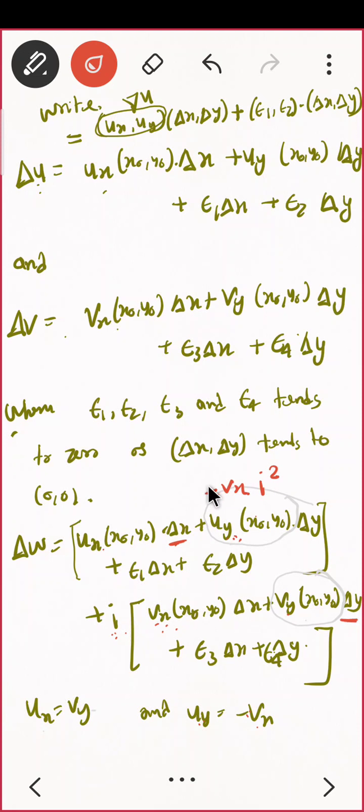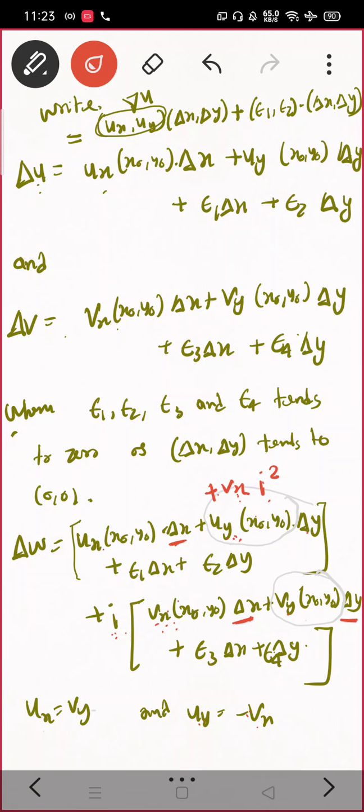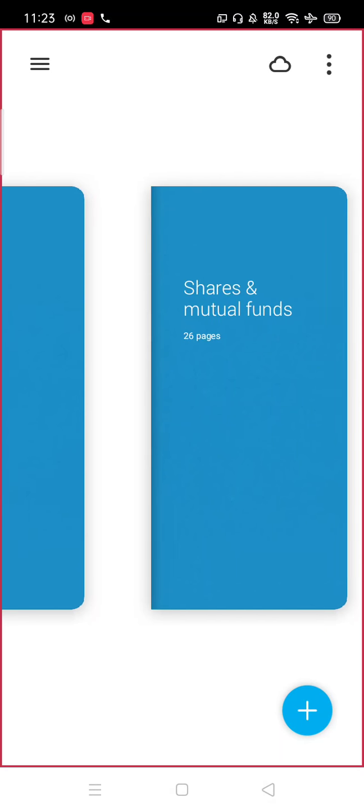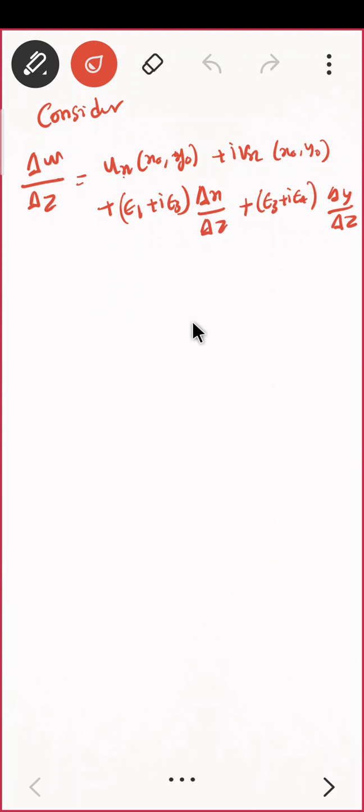I'll replace by I square. Now if I take I common from both of them, I and vx, I will remain with delta x plus I delta y, and that is same as delta z. So it got cancelled. Ux, and that is I vx, that's why here there is no delta z term, and in the remaining delta x upon delta z, delta y upon delta z. So this is what I am having.